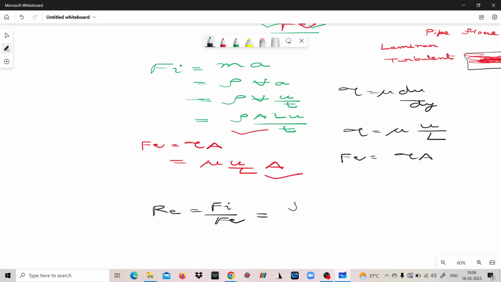So inertial force is rho A L u by t divided by viscous force, mu u A by L. Now see, this A and this A cancel out, and this u and this u cancel out.